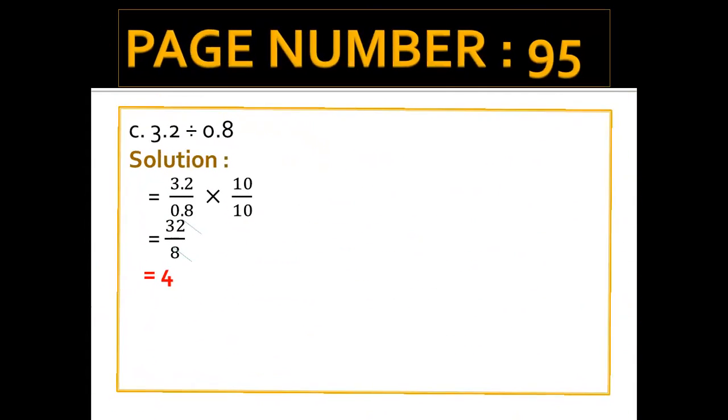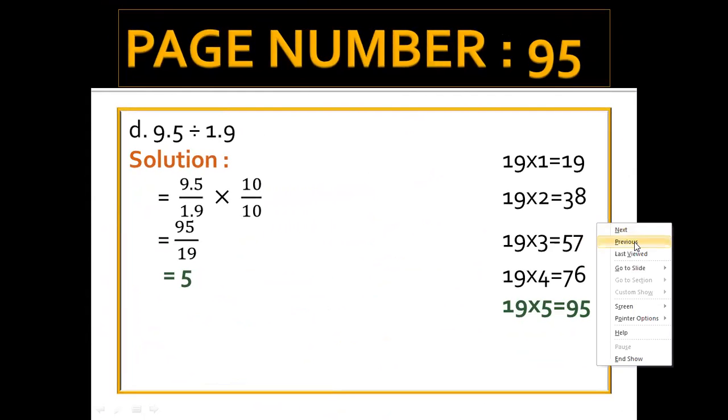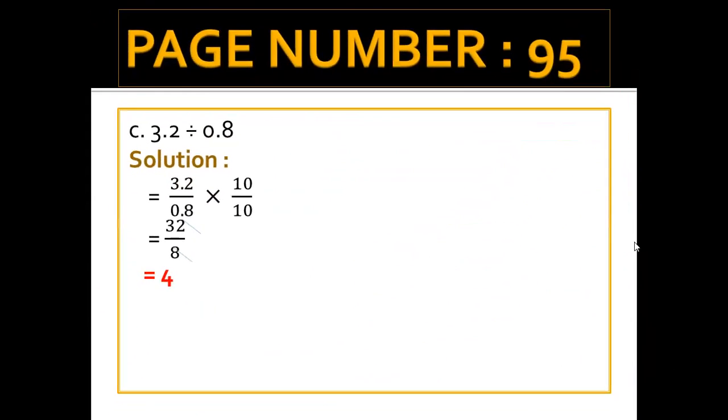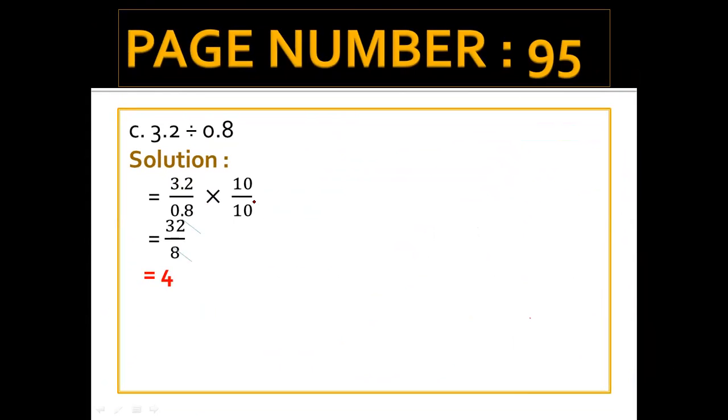Part C, 3.2 divided by 0.8. The nature of this question is the same as part A. Only one number after the decimal in both the numerator and the denominator, so multiply and divide by 10. 3.2 multiplied by 10 we get 32, and 0.8 multiplied by 10 will be 8.